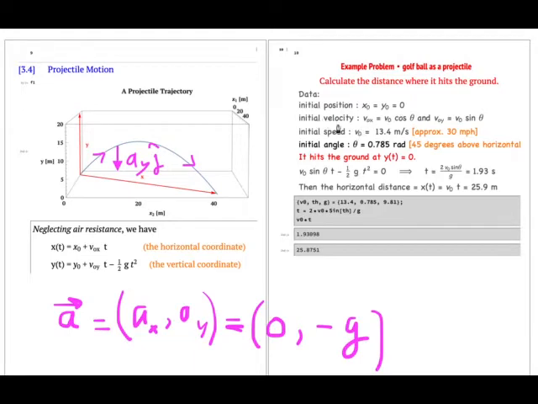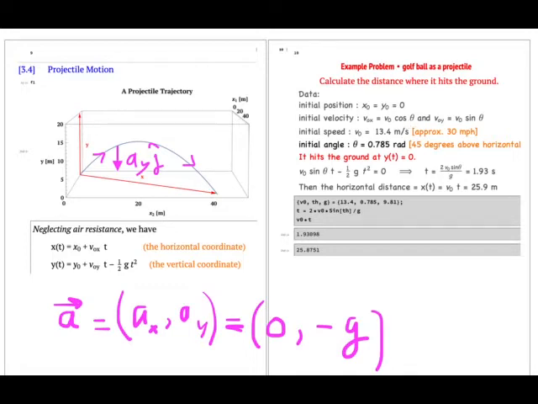There's an initial velocity. v0x is v0 cosine theta, and v0y is v0 sine theta. v0 is the initial speed, the speed of the golf ball as it leaves the tee. Theta is the angle that the golf ball leaves the tee. It's the angle relative to horizontal.